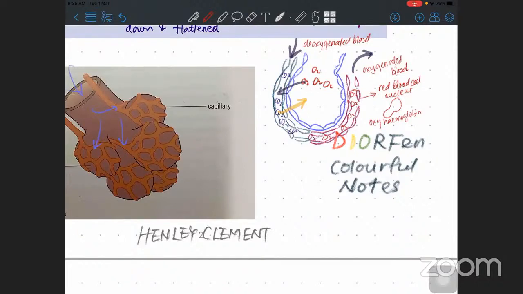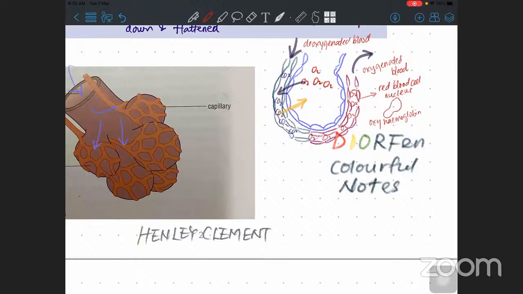Okay, so we need to learn this one because this is the main thing that always comes out in our exam. We have some keywords to know.